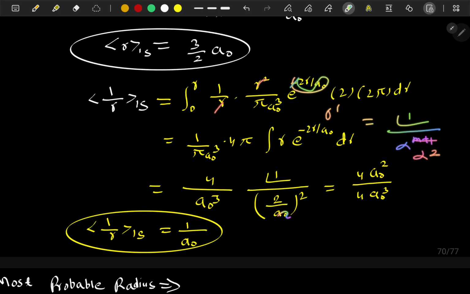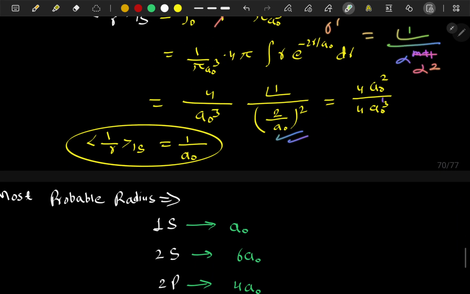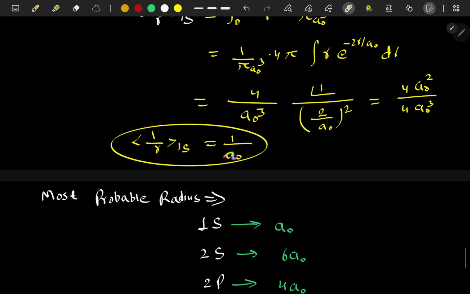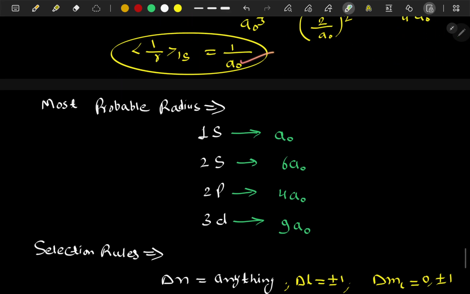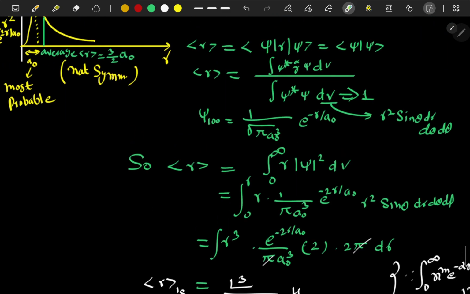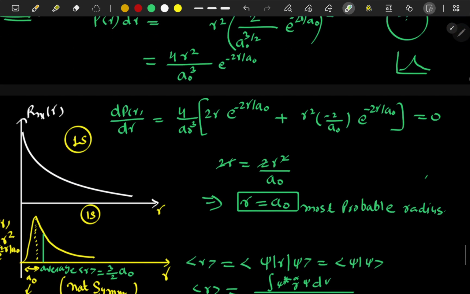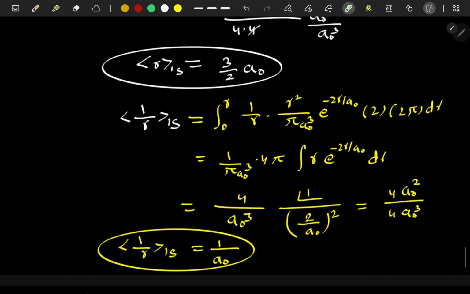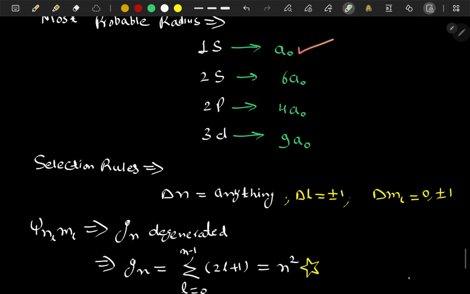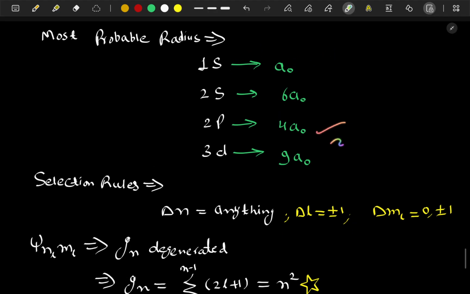Alpha is this part, just do it, and you get for 1 by r, for 1s, 1 by a0. So the most probable radius for 1s is a0, as we got. For 1s it is a0, for 2s it is 6 a0, for 2p it is 4 a0, and for 3d it is 9 a0.